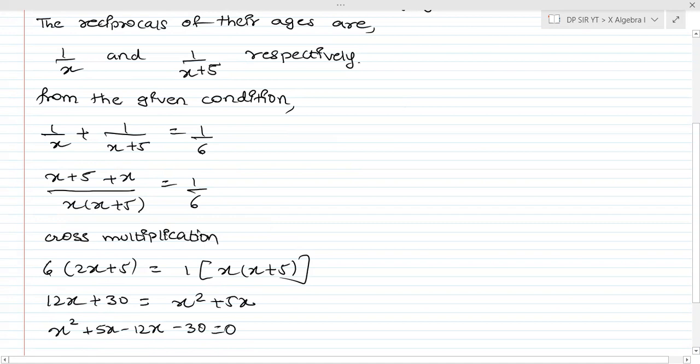So the equation is x square plus 5 minus 12, which is minus 7, so x square minus 7x minus 30 is equal to 0.